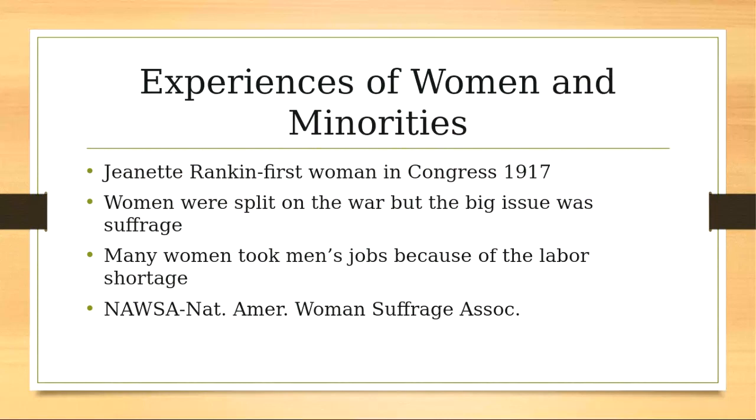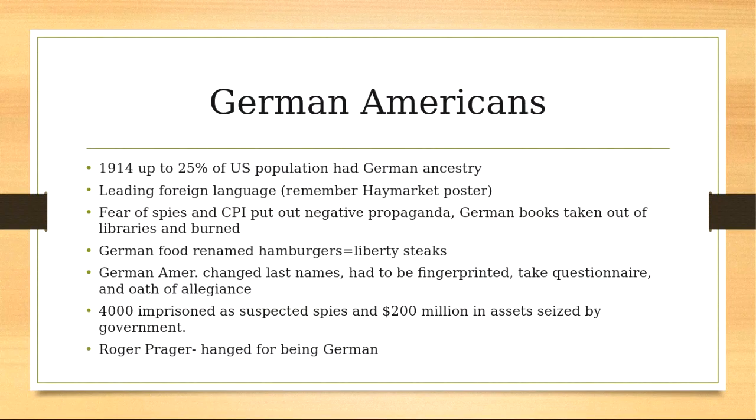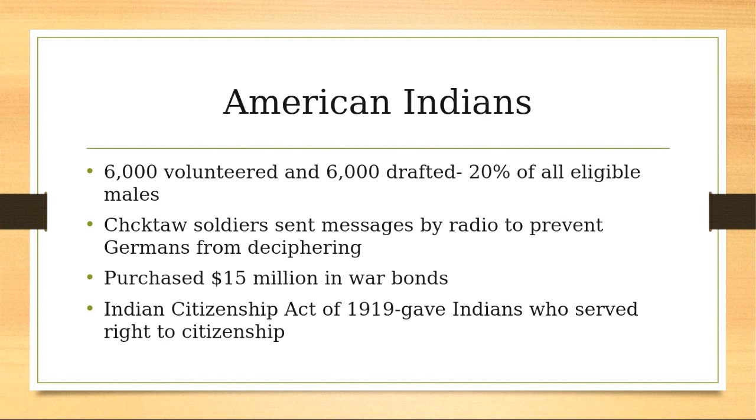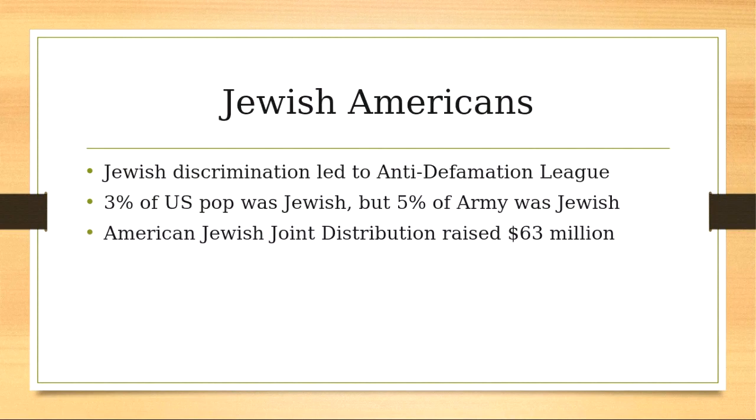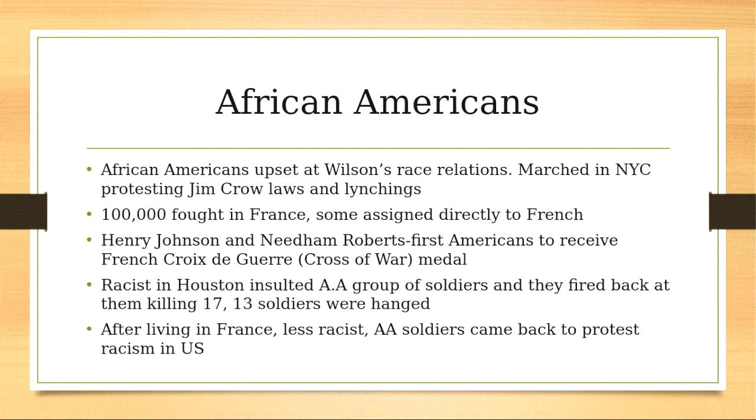Okay, minorities, people like German Americans, they're going to be discriminated against. Native Americans are going to fight during the war, helping get the right to citizenship. Jewish Americans as well. African Americans are going to be able to fight during the war in segregated units.